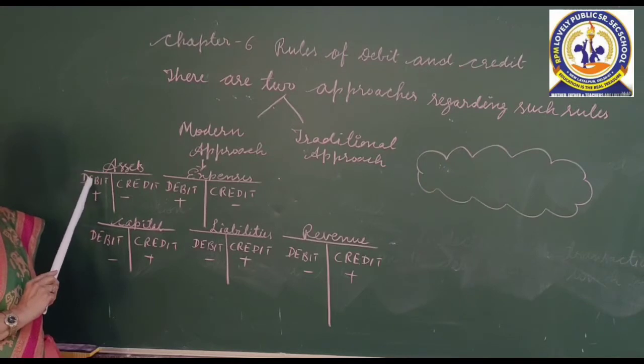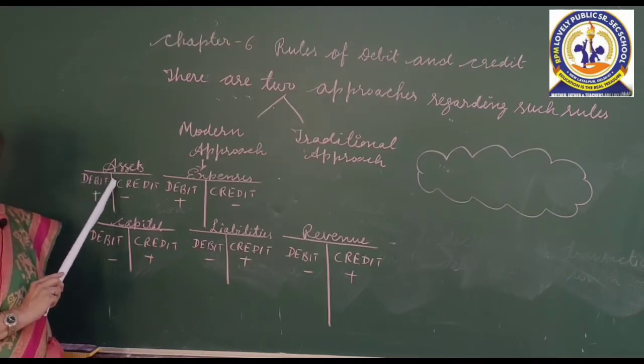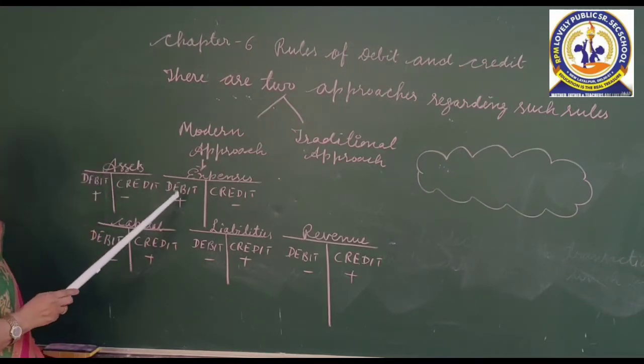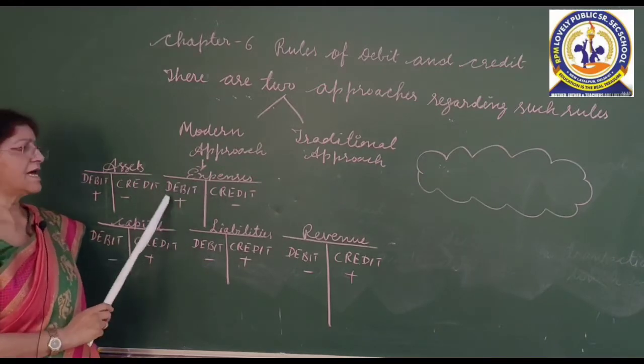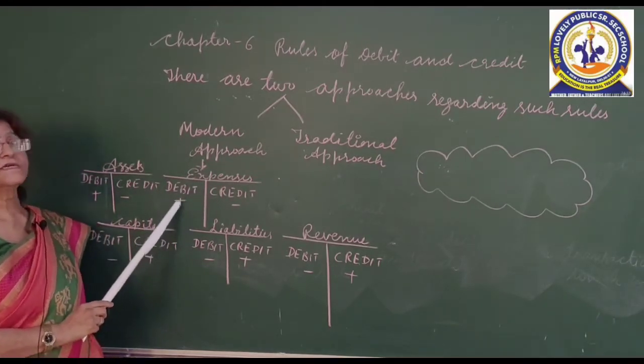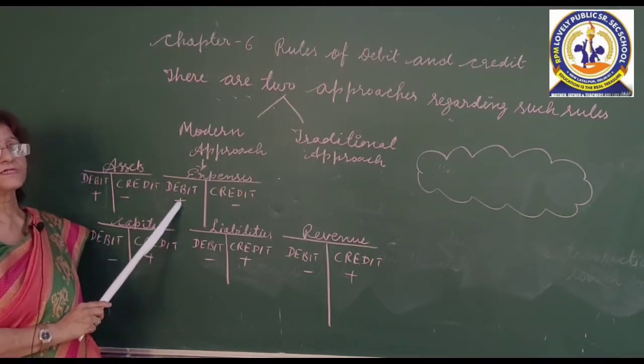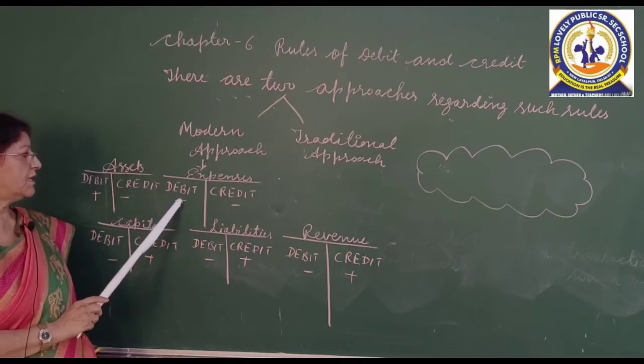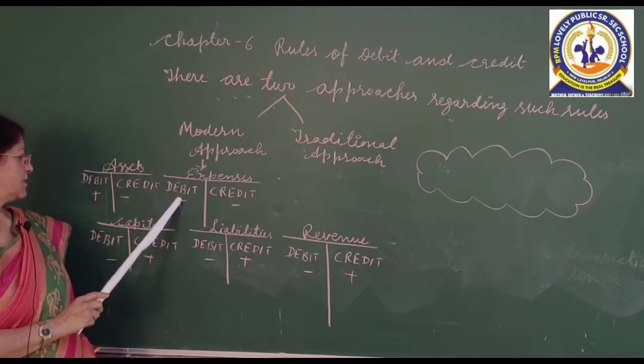So if there is an increase, we can say assets have debit balance. Similarly, all expenses have debit balance. If there is an increase in the value of expenses, it will be shown on the debit side.